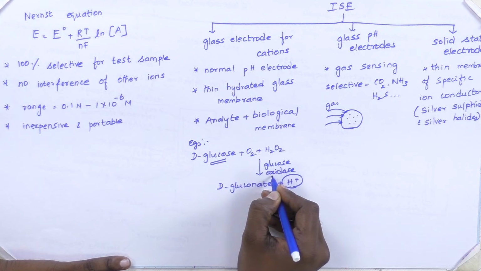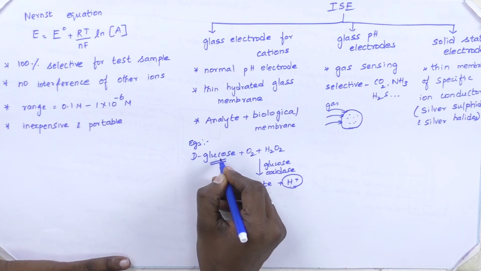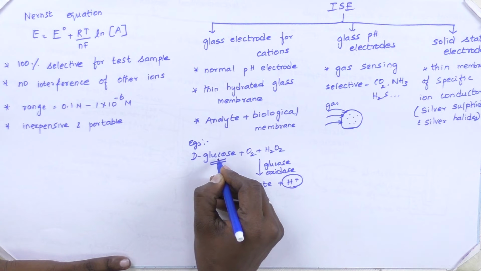This enzyme, glucose oxidase, reacts selectively only with the glucose solution. Suppose the solution contains fructose, it will not be sensed by glucose oxidase. The glucose oxidase reacts only with D-glucose. It will not react with other ions.